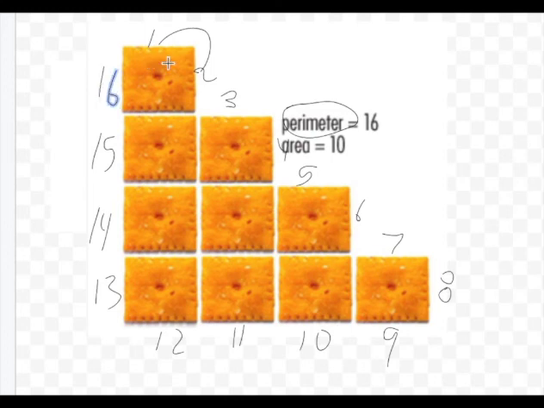The perimeter of this shape is the same as the other one we saw, but this isn't a square, so the perimeter is 16. Same perimeter, a lot less area.